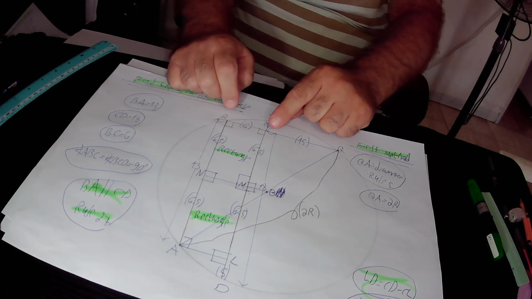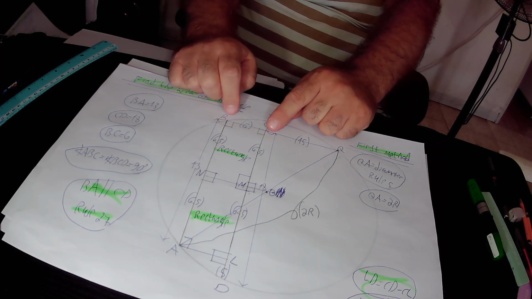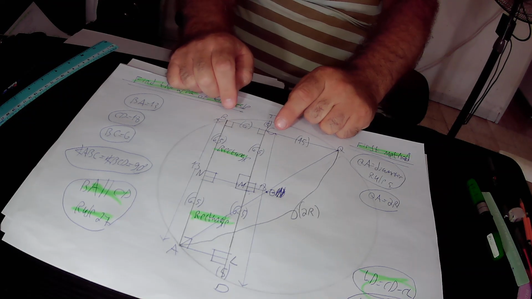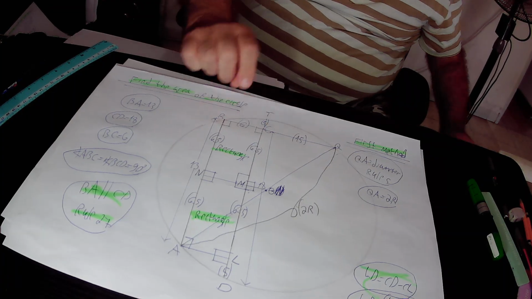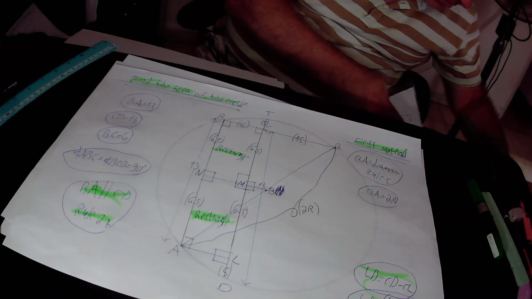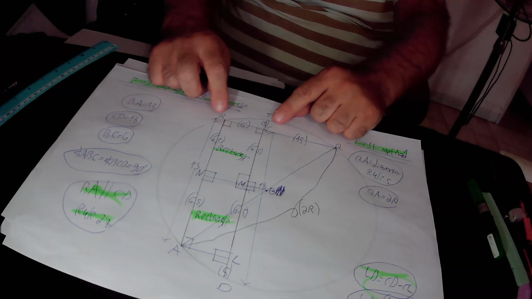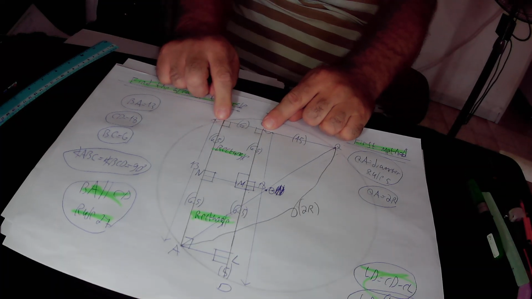First of all, those two angles are both equal to 90 degrees. The sum of those two angles is 180 degrees. Those two angles are defined as one-sided interior angles.